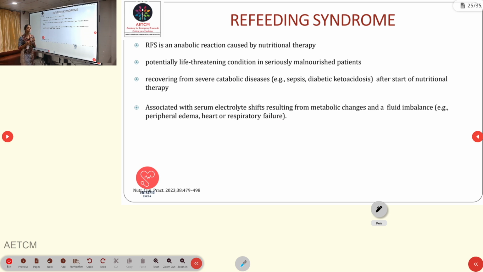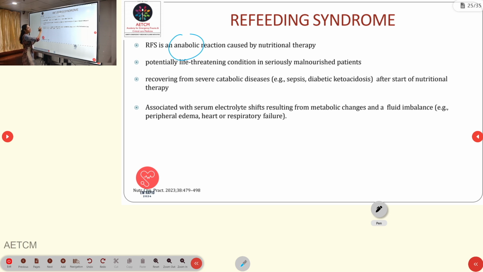Refeeding syndrome usually happens in patients who were previously malnourished, like patients with chronic illness, such as malignancies, HIV, DKA, like that. When the patient gets a lot of feeds, the patient will immediately go into an anabolic reaction. Then some complications will happen.